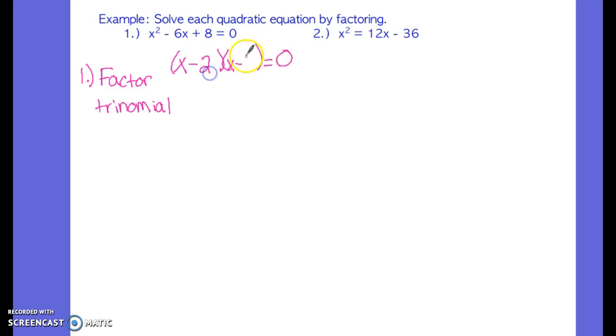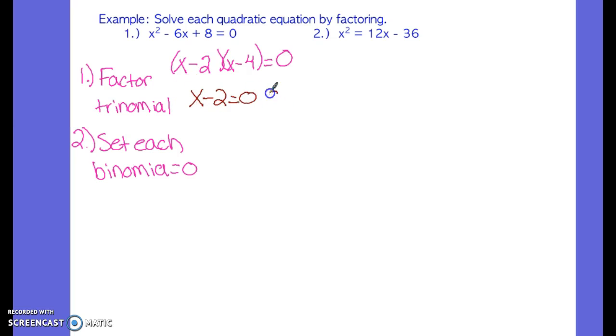How about -2 and -4? So for the whole thing to equal 0, the second thing that you do is set each binomial equal to 0. So what I mean by that is you could have either x minus 2 equals 0 or x minus 4 equals 0. If either binomial equals 0, the whole thing would equal 0.